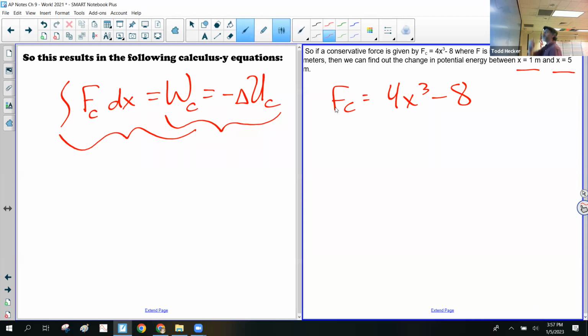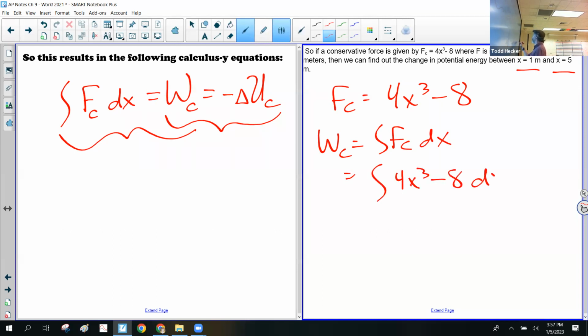Okay, so I'm just going to follow this idea. The work done by my conservative force is the integral of the conservative force with respect to position. So that's the integral of 4x cubed minus 8 with respect to position between 1 and 5. So take your integral and you get, holy moly, we still have a ways to go.